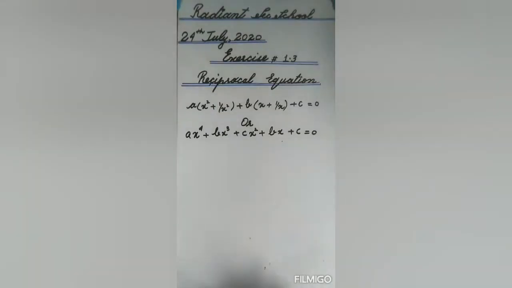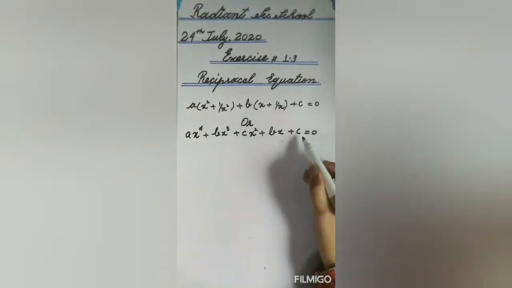Here I have placed 1 by x in place of x, so there was no change. Again we have got the same equation. Students, here mistakenly I have written c, it is a, it's not c.